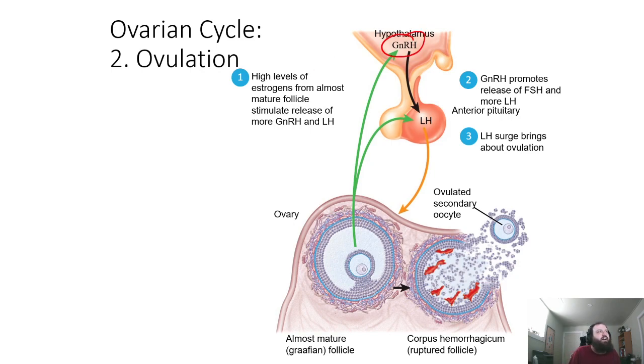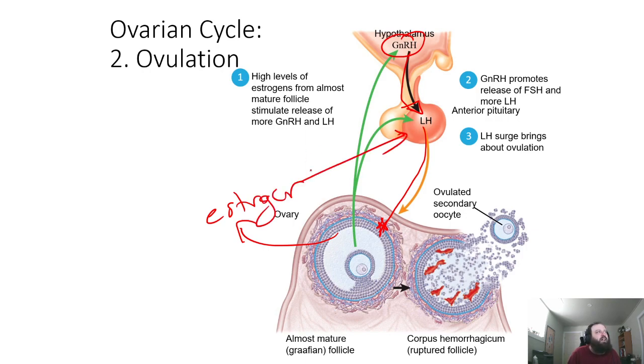Where you have the GnRH producing the LH, which goes to the follicle, causing it to grow more and produce more estrogen, which in turn is going to activate more LH, either directly or through GnRH. So you end up getting this positive feedback loop, and eventually, as you know with a positive feedback loop, something explodes. So this is about day 14 of a 28-day cycle.